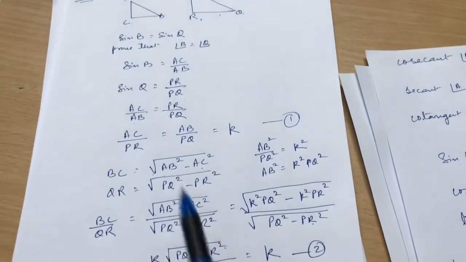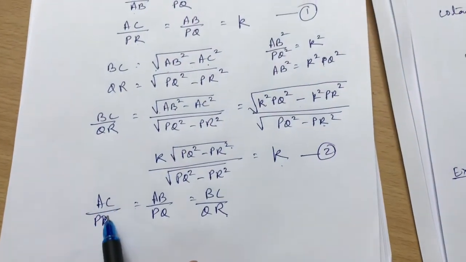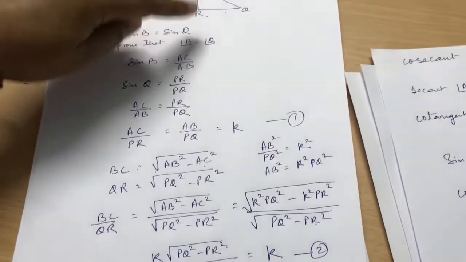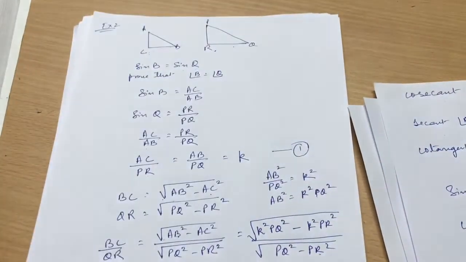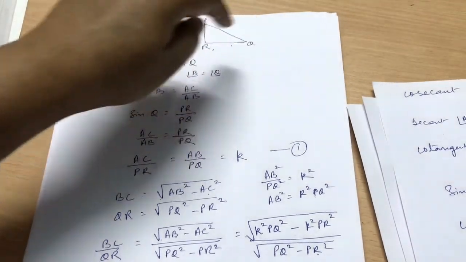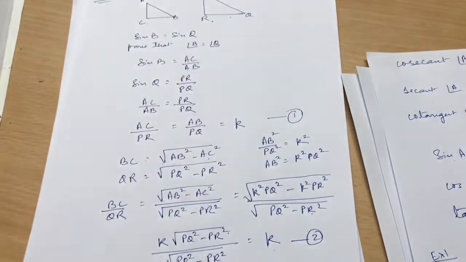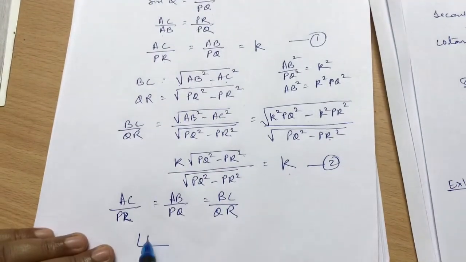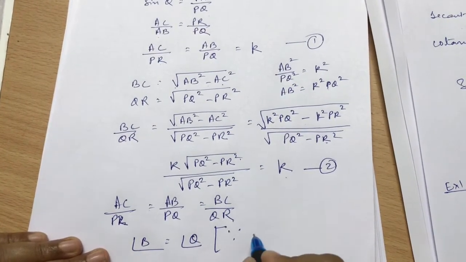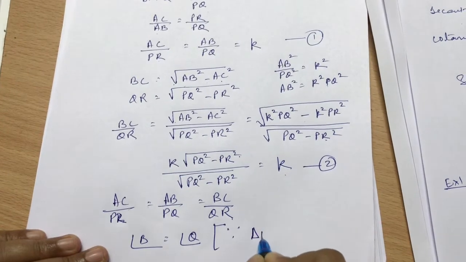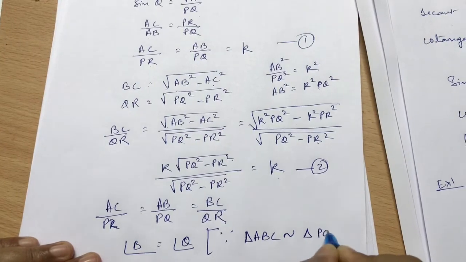Why? Because you have got this ratio: AC by PR is equal to AB by PQ is equal to BC by QR. So triangle ABC is similar to PQR. If they are similar, then angle B is equal to angle Q. Reason: triangle ABC is similar to triangle PQR.